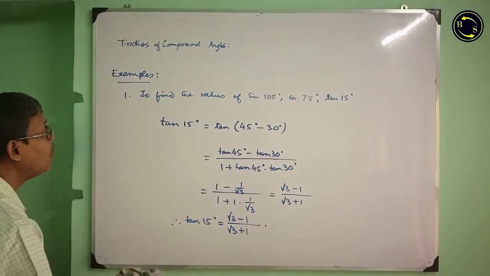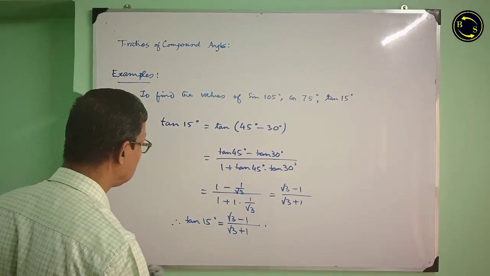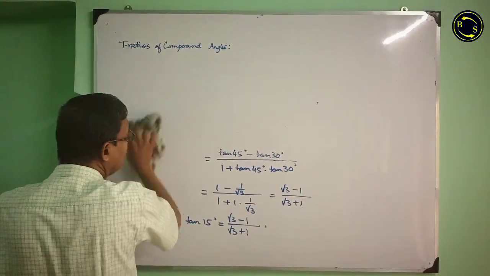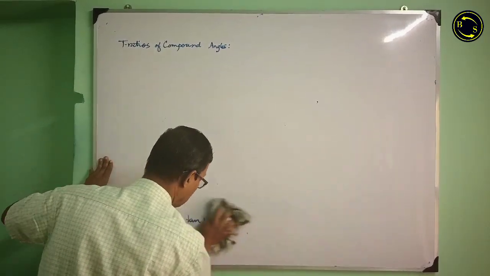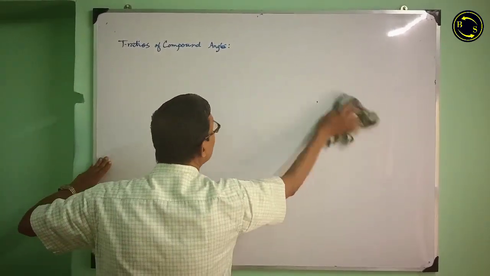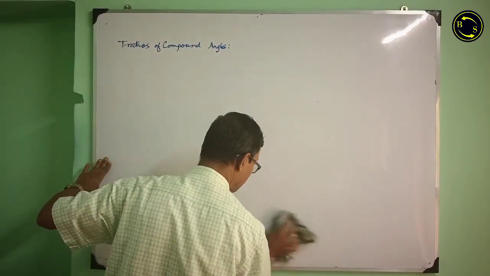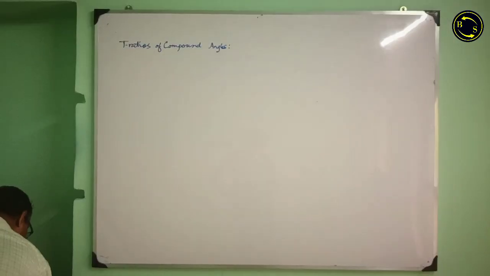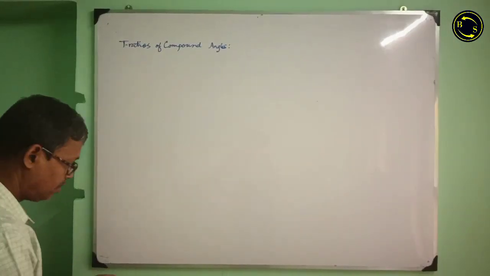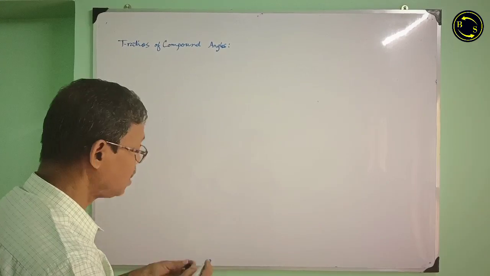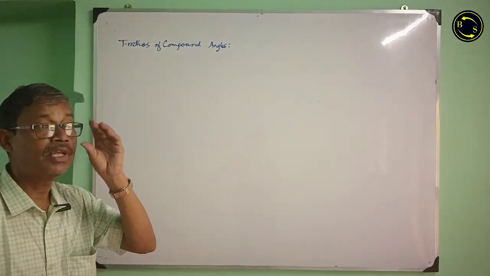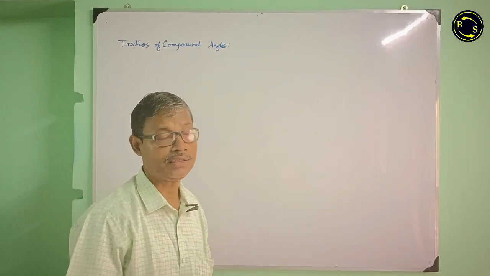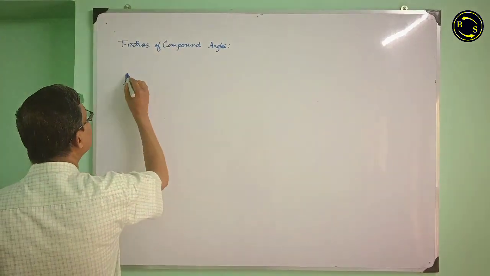Now we can combine the identities of sine of theta plus phi, sine of theta minus phi, cos of theta plus phi, cos of theta minus phi, and get the new identities, more identities.